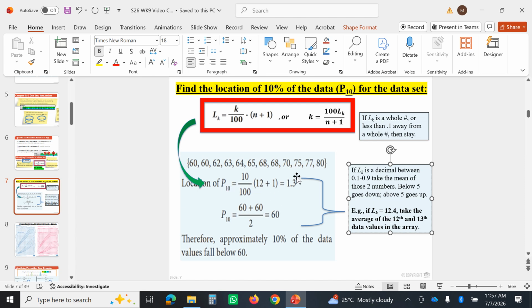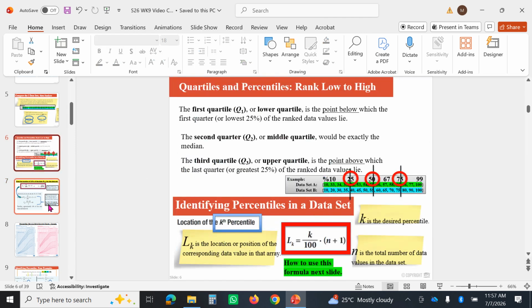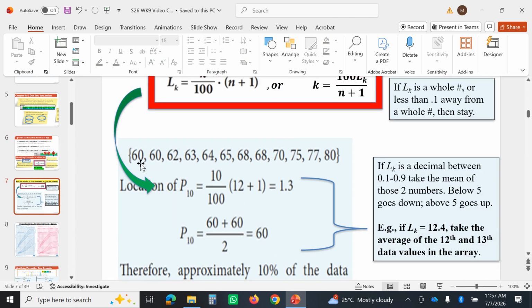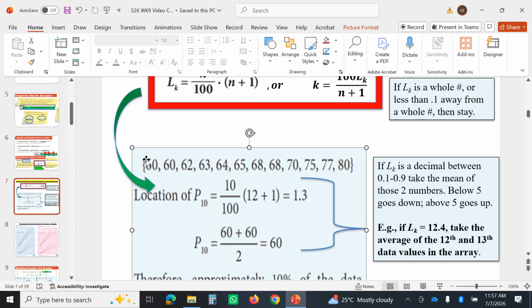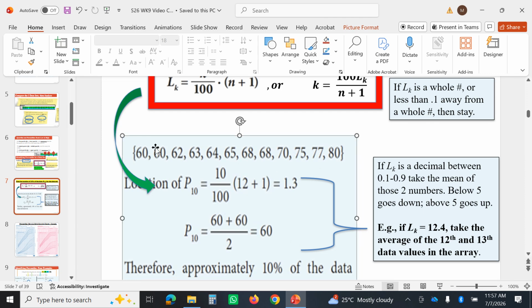Basically what you're talking about here, what this number means, is 1.3 up. Have a look here. 10% of the data lies within 1.3. So in this range right here, this is 10% of the data.